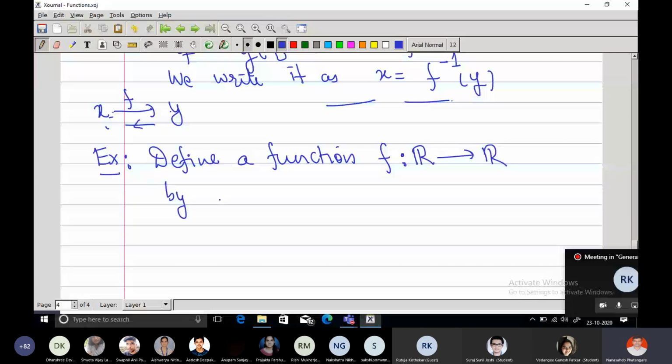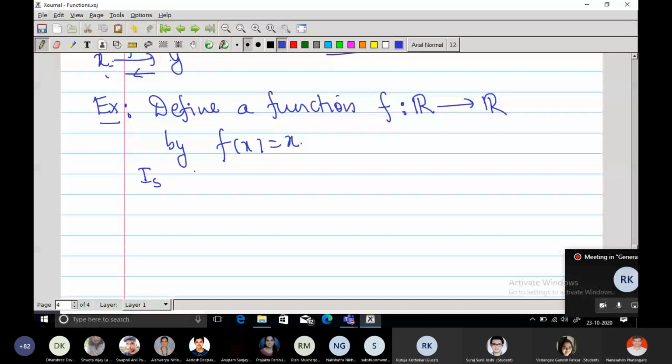So I define a map. I am mapping x with x. Is it a function? Yes, sir. It is a function because you choose any element from the domain R, you can assign a unique element. For example, if you take 500, then 500 is assigned with 500, a unique member. 500 in the domain is not assigned with more than one element, so it is a function.